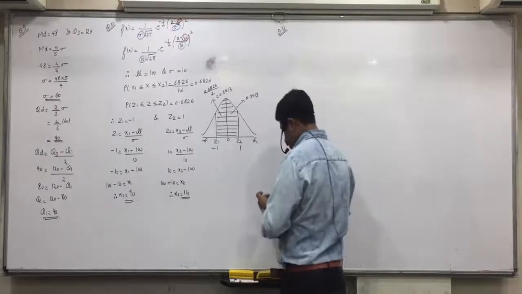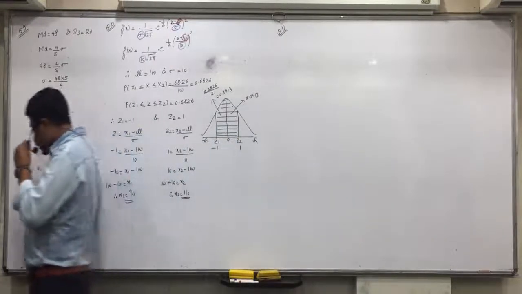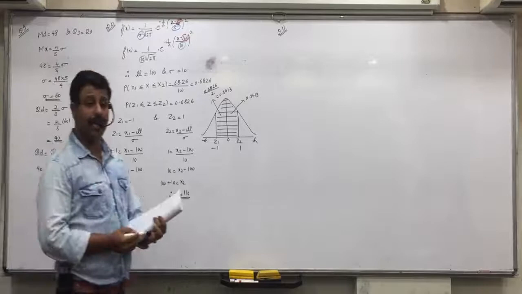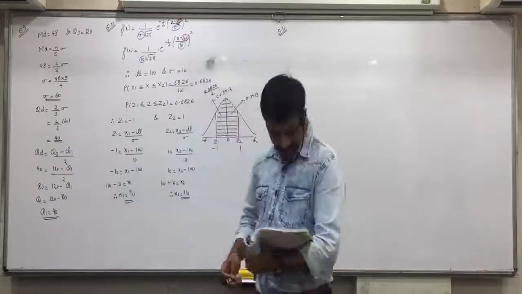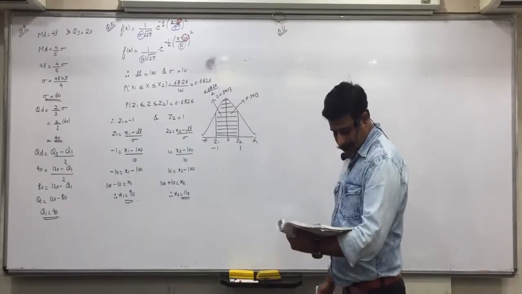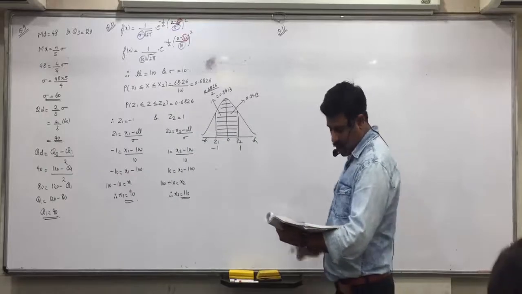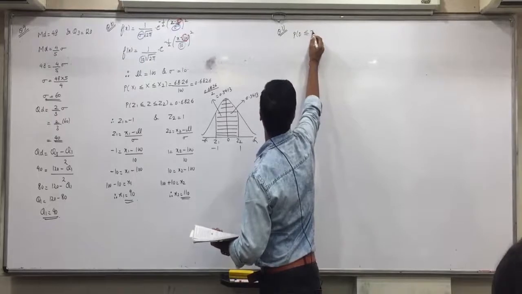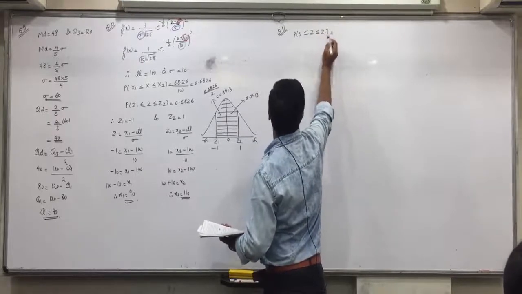Question 11. There is a first reverse situation I made you write. It's a very simple one. The probability that the value of standard normal variable lies between 0 and z1 means, can I write it this way?